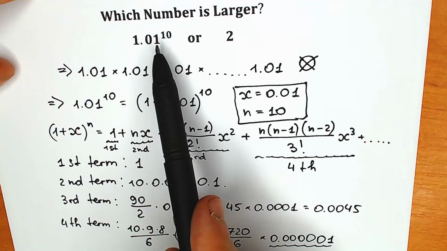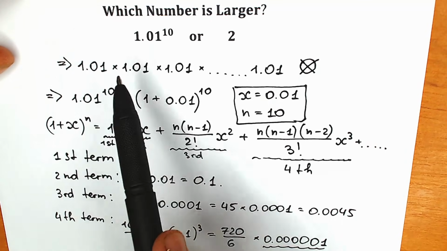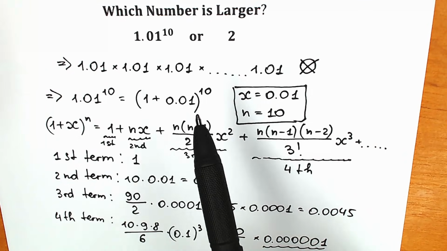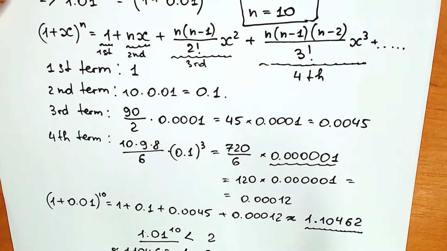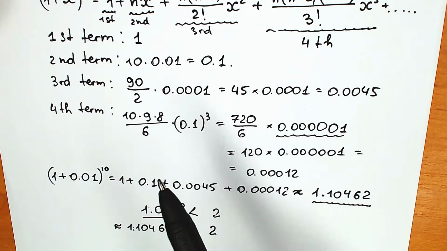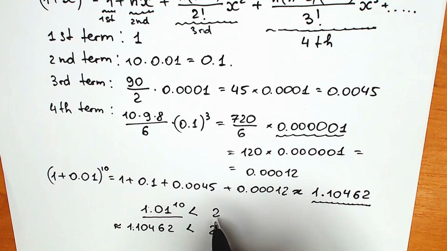For example, if you have power 20, multiplying this expression by itself 20 times is not the best way to solve it. But with binomial expansion, with the approximation, we can easily say which one is greater. And in this case, this expression on the left side is significantly less than 2.